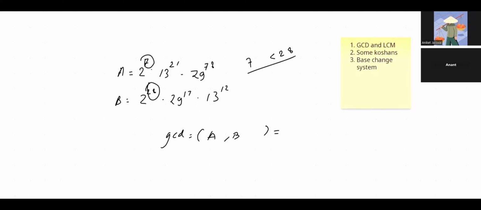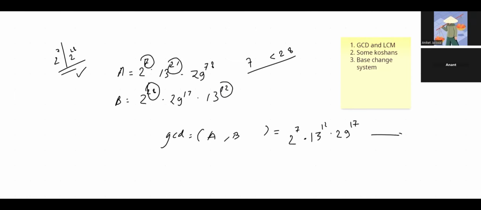Great concept. And will it be the only answer or is there something else also? Yep, because we have 13 also in common and 29 also in common. So we will take the least power. Okay, so you are saying it's this. Yep.